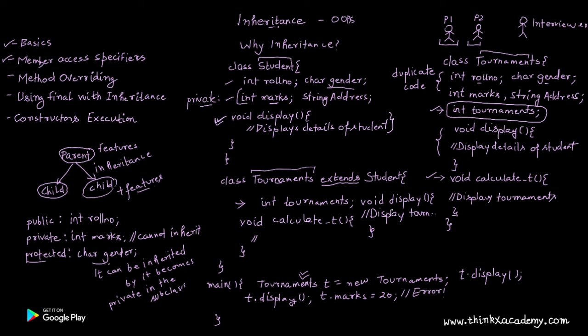Is it going to call this function, or the function that is there in the parent class? Because you can access the parent class function also, because you are extending the properties of the class student. So the answer by programmer 2 is method overriding.